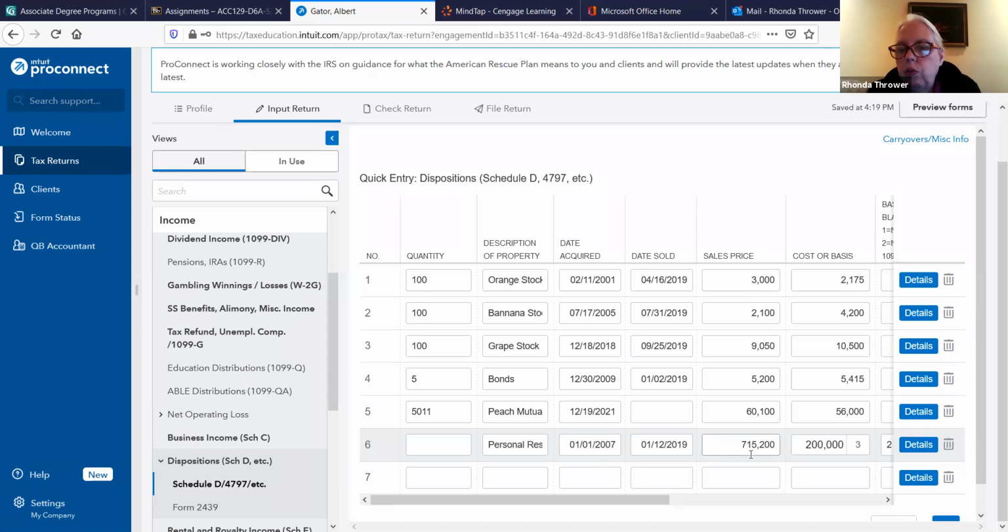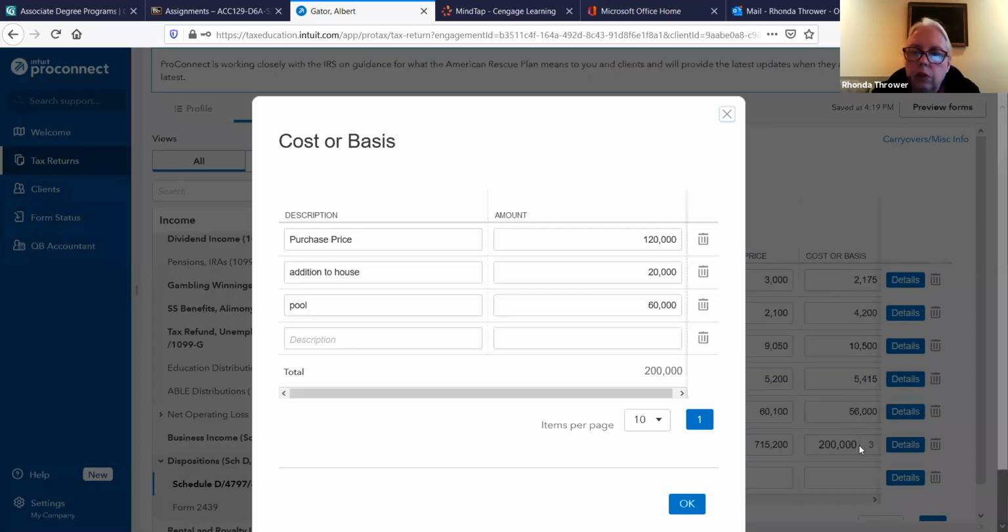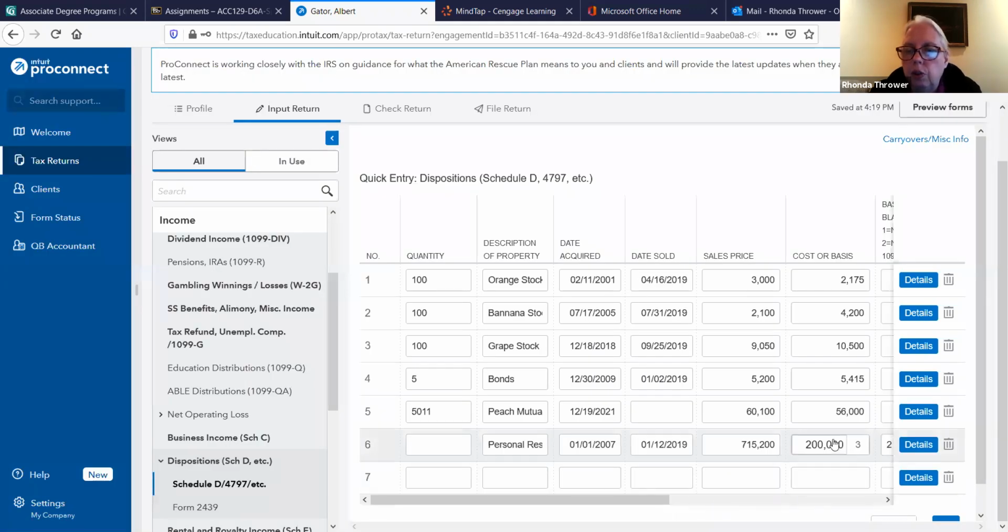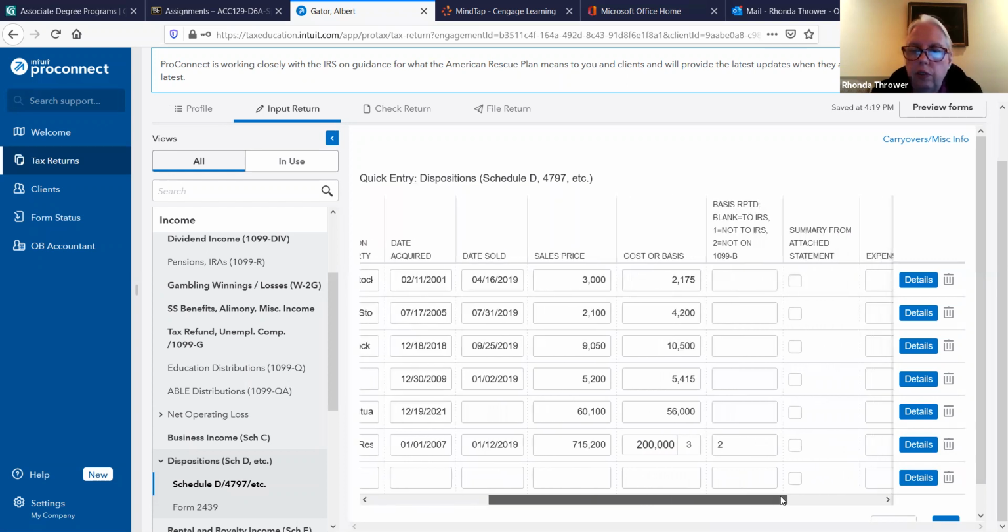The selling price was this, and notice this was $200,000. And if you click on the box beside of this, when you're doing yours, it'll show up as a plus. And when you click on that, it'll have a place where you can add all the things that you added to the house together, so you can get the total basis for the house. So 200,000 was the amount that you had invested in the house.